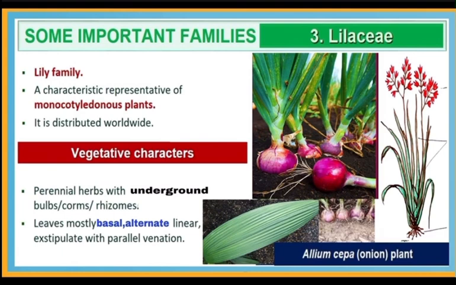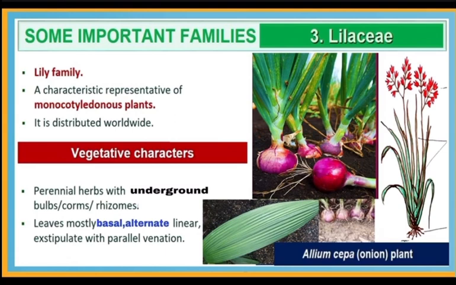Third family, Liliaceae. It is the lily family, a characteristic representative of monocotyledonous plants. It is distributed worldwide. Vegetative characters of plants: they are perennial herbs with underground bulbs, corms or rhizomes.